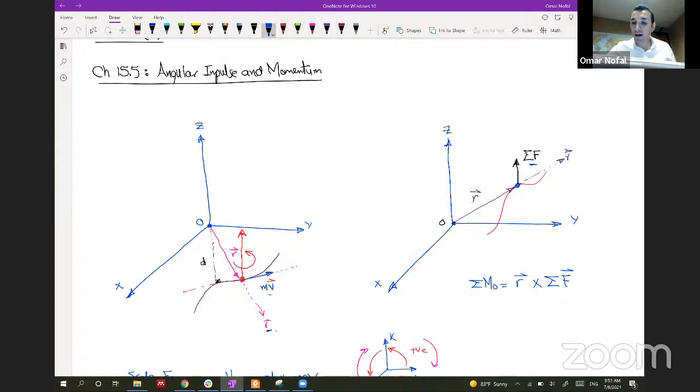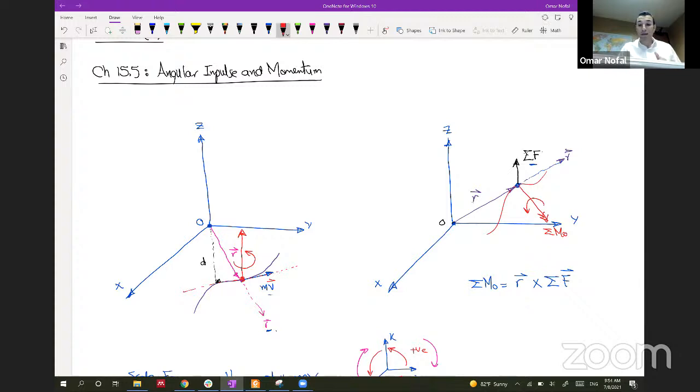You extend the R vector like this and curl your right hand from R to F, and you will find that your thumb will be going this way. From R to F, the curl is in this direction, and this will be the direction of the sum of the moments. This is how we can get the moment about point O. And this makes sense because the force is going up, so the moment about O will be like this, and my finger will be in this direction.